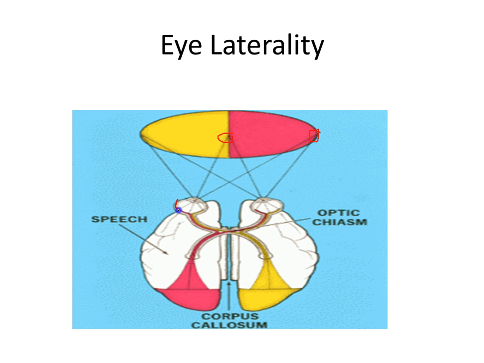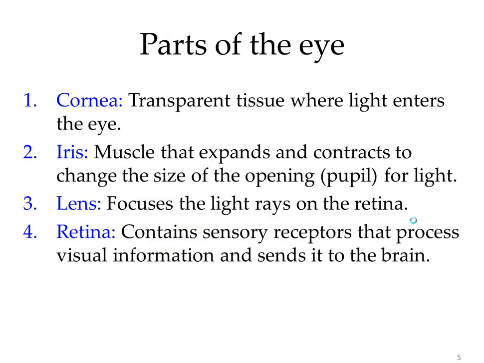So this eye is seeing the red part here and also from here, and it goes to this side of the brain and vice versa. So even if you were to lose an eye, you would still be able to get a full range of vision, although when we look later at how we interpret things, that would make it more difficult. But this gives us some of the complex vision that we have.